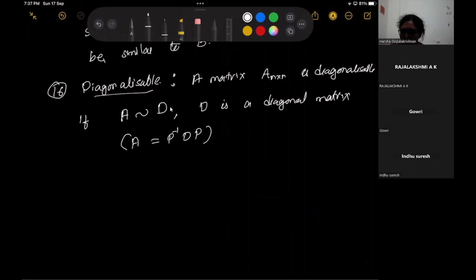If A is similar to a diagonal matrix, then we will say A is diagonalizable. Clear? Now we have some results regarding this diagonalizability.